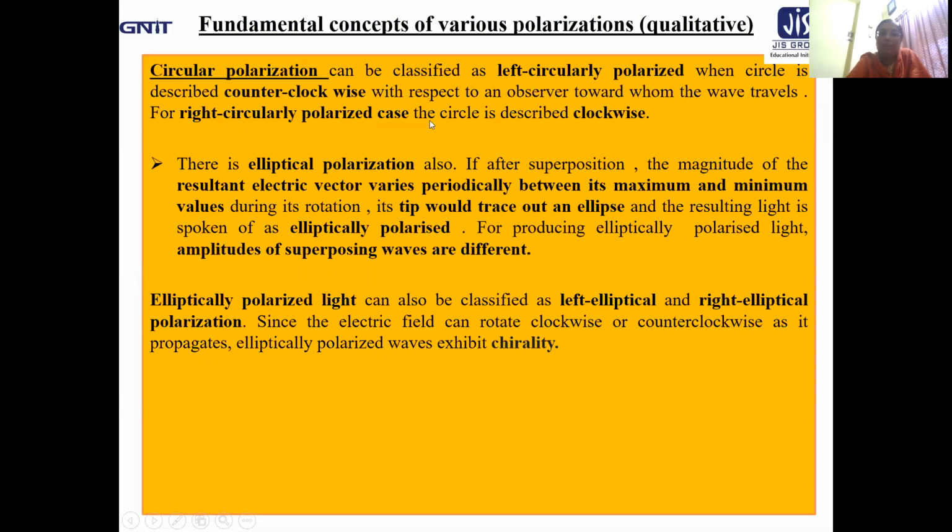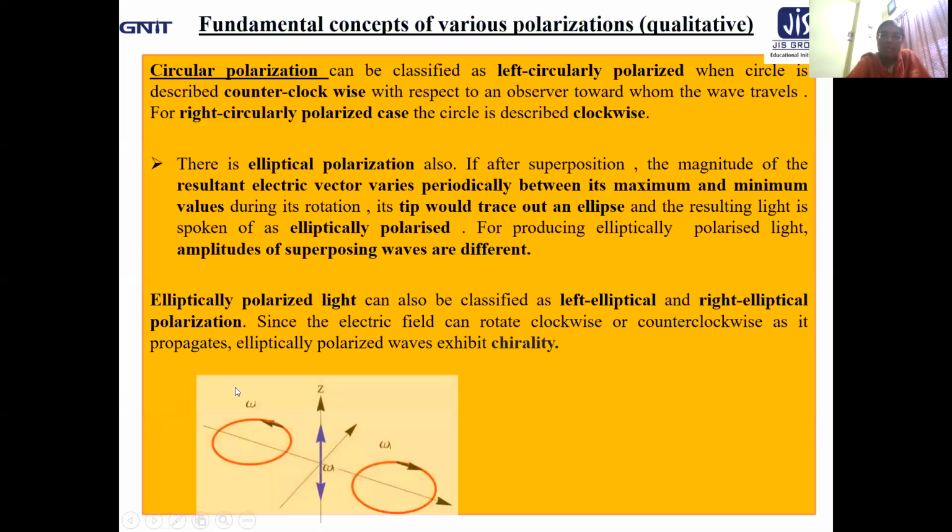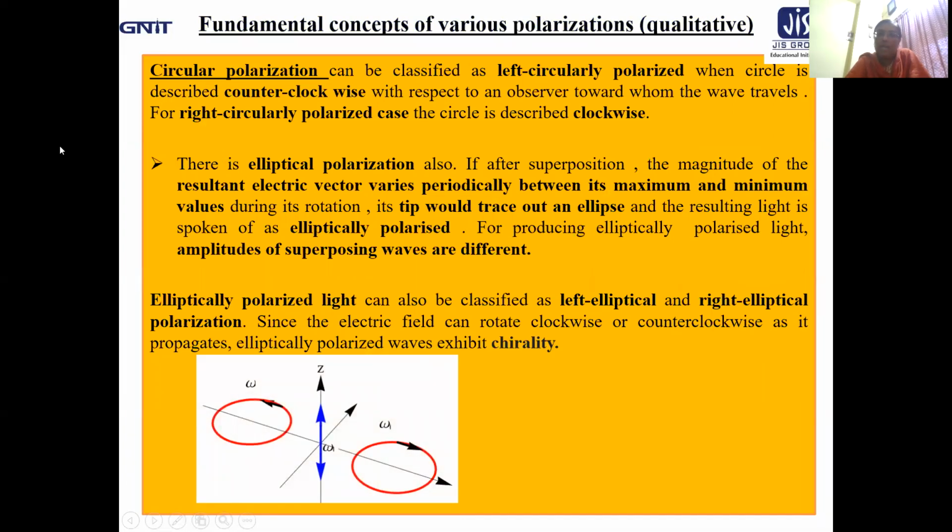Similarly, for the right circularly polarized case, the circle is described clockwise. Here, one vibration is along this direction, the other vibration is along this direction, and you are getting circularly polarized light.